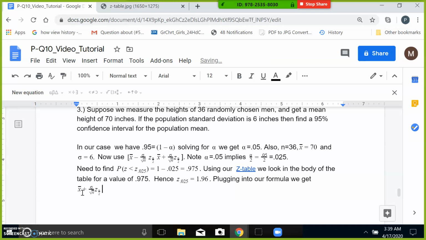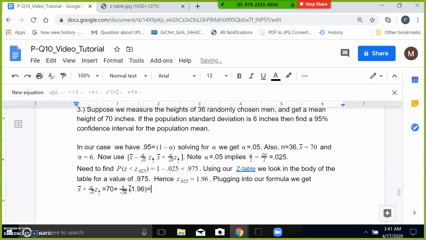In our case, the x bar is 70, so it's going to be 70 plus sigma, which was 6, on top, divided by square root of n, with our n value being 36, and this is multiplied by our z alpha over 2, which is 1.96.